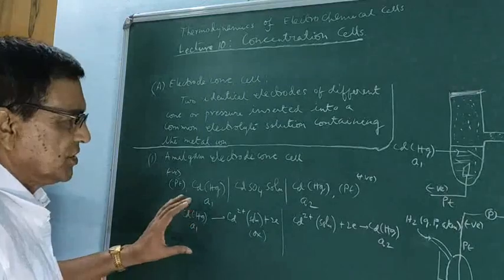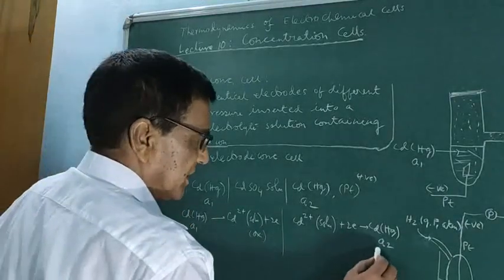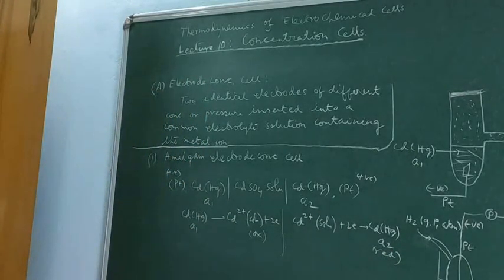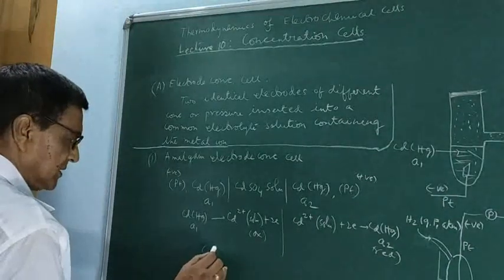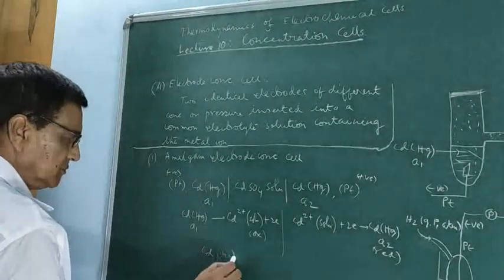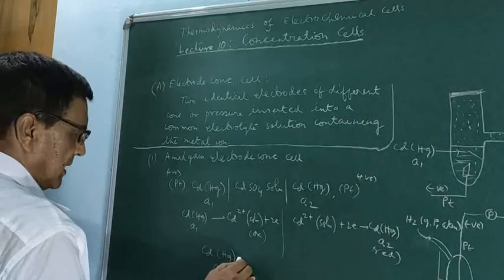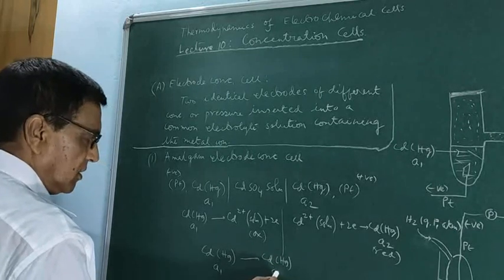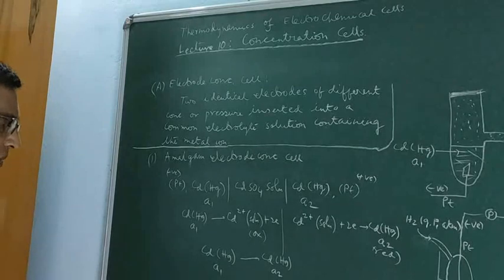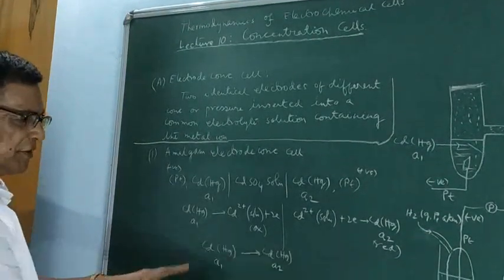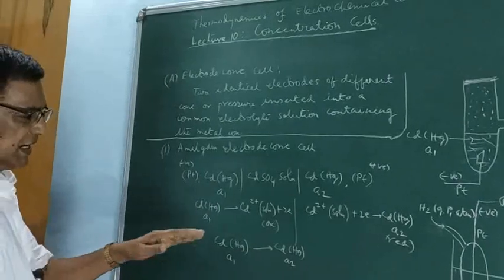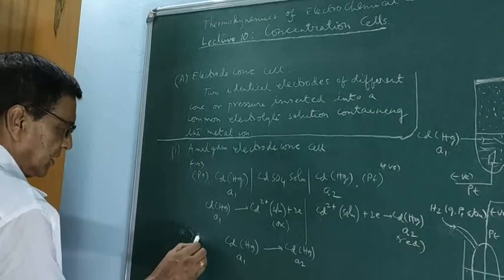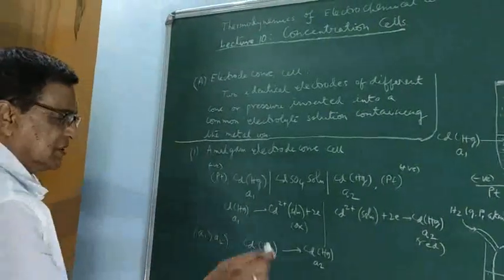So this is the oxidation at the anode, and this is the reduction at the cathode. If we add these two electrode reactions, we have cadmium amalgam at A1 giving cadmium amalgam at activity A2. Naturally, to make this process spontaneous, with transport of cadmium from left to right, A1 must be greater than A2.